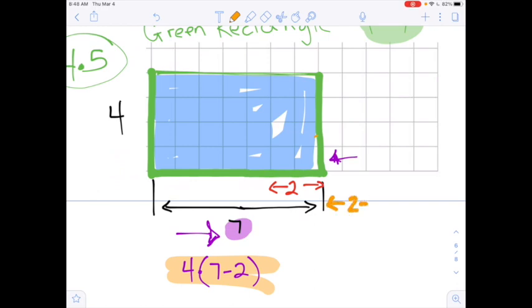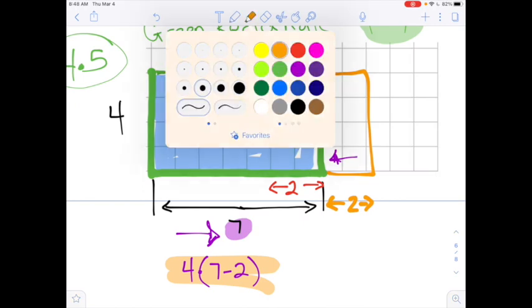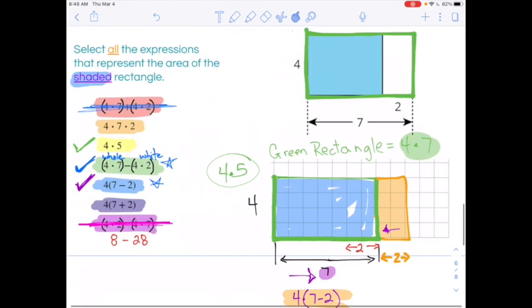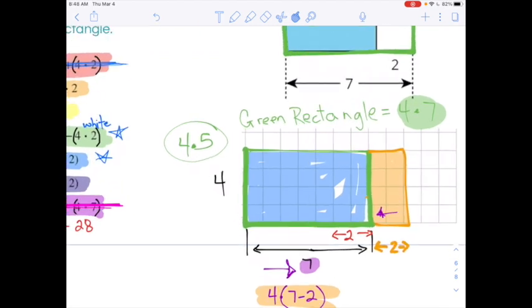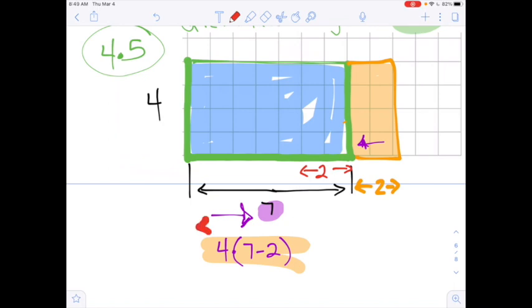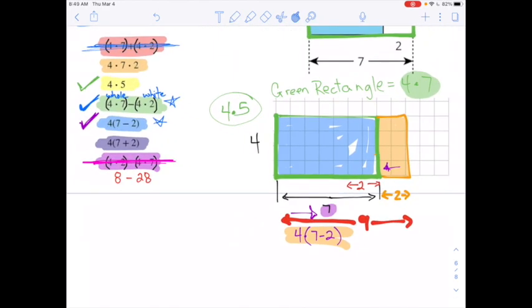Not take away 2, I'd need to add 2 more. So it would be this entire thing. That entire distance across, 7 plus 2 is 9. So we now have kind of a stretched out rectangle. This whole way across is now 9. So this is a very different rectangle. That's why the indigo one doesn't work.